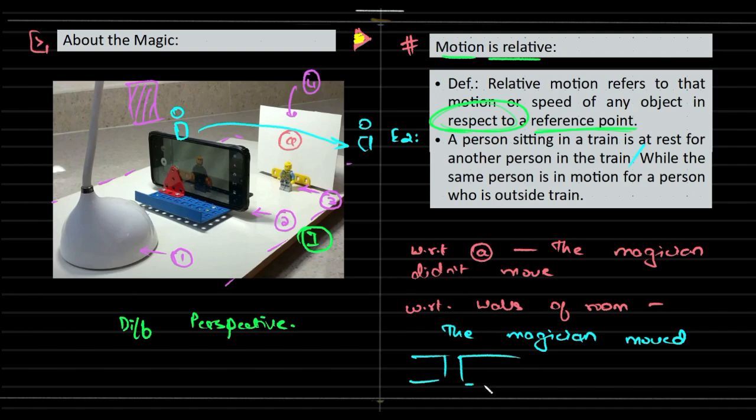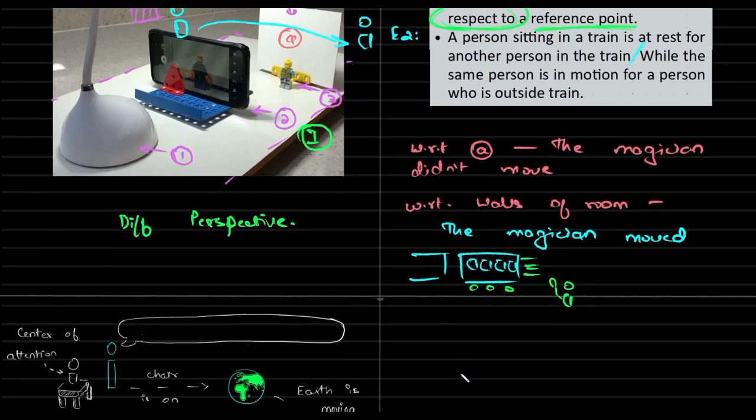If you have a train and there are a number of people inside, all of them can talk to each other, while a person who is sitting over here can wave at them for a second or two and they're gone, because they're under motion. When it comes to this person who is outside, they're at rest with respect to the people who are sitting in front of them, around them. I hope that made sense.